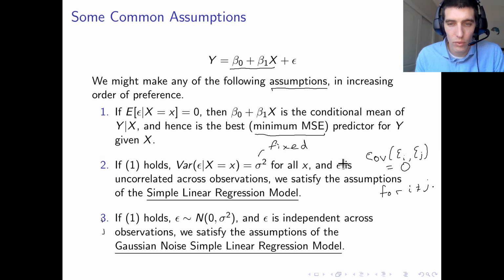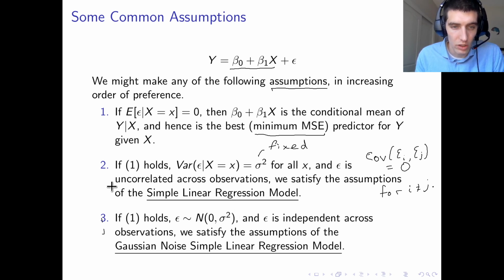It can be any random variable which is mean 0 and constant variance. But with assumption 3, we're imposing a stronger assumption in that we're actually assuming its distribution. We're saying epsilon is normal, mean 0, variance sigma squared. And then we go even further.